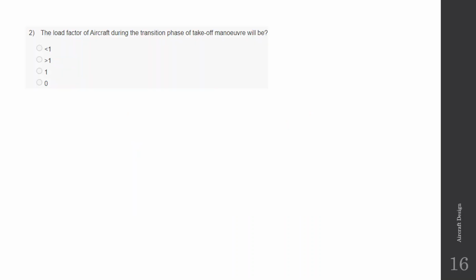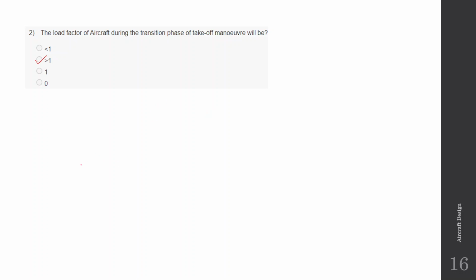Now moving on. So this is the second question. Here the answer is greater than 1.